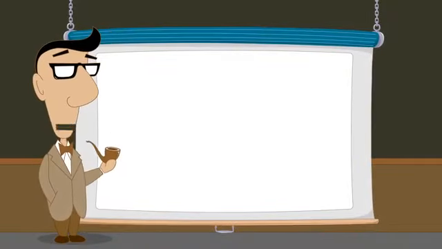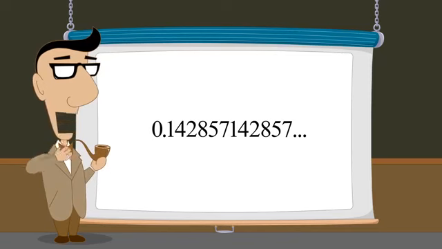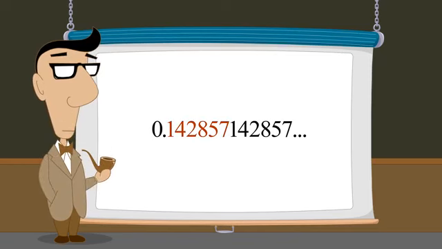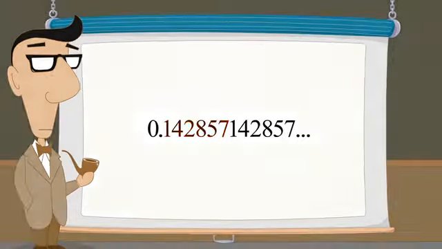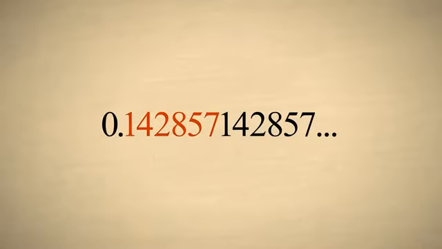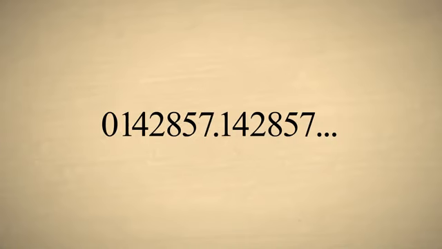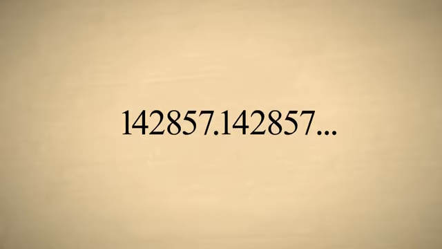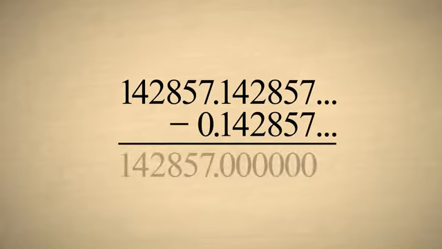As a final example, let's reduce a number that has the repeating sequence of digits 142857. Since there are 6 repeating digits, we shift this number 6 columns to the left by multiplying it by 10 6 times, which is the same as multiplying by 1,000,000. We then subtract the original number.